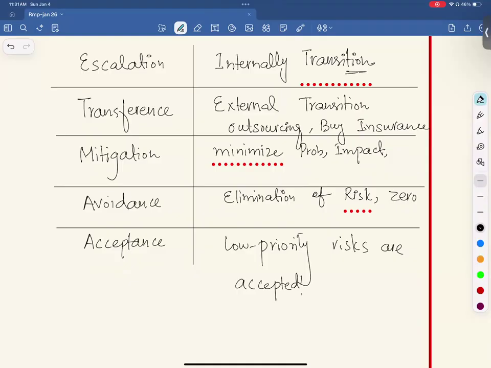Not acceptance means ignoring risk. No, no, no. That's not the definition of acceptance. I repeat, when I say acceptance, people think you are accepting and acknowledging that a risk is there. When I say no acceptance, people think you're saying there is no risk. No, this is not the right definition. Acceptance means you're accepting, yes, there is a risk, but you need not be worried about it because it is low priority.